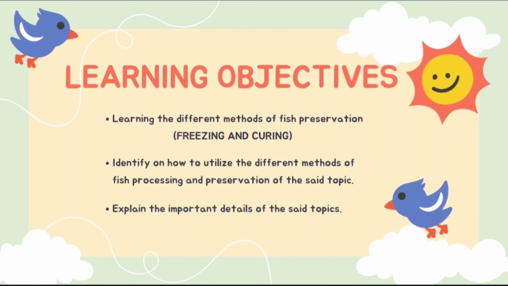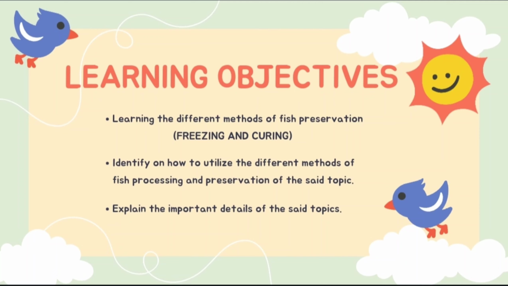In our module, we have two phases in our topics, which are freezing and curing. Second is to identify how to utilize the different methods of fish processing and preservation of the said topic. Lastly, explain the important details of the said topic.